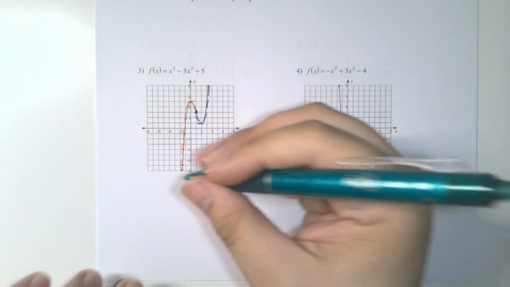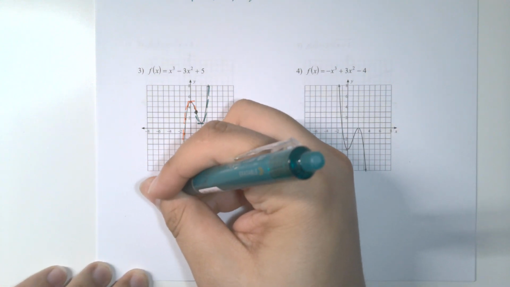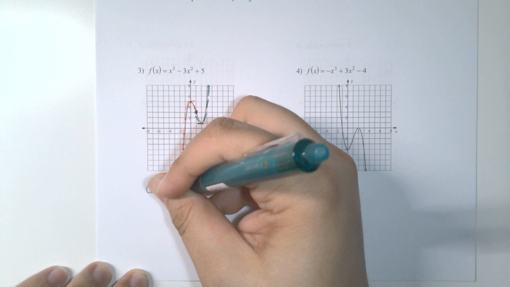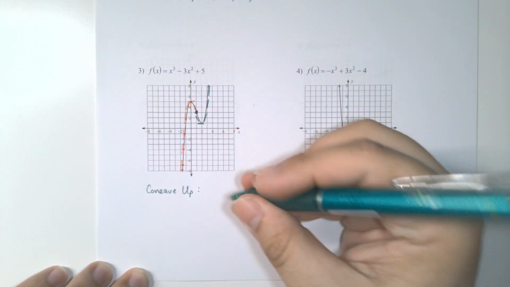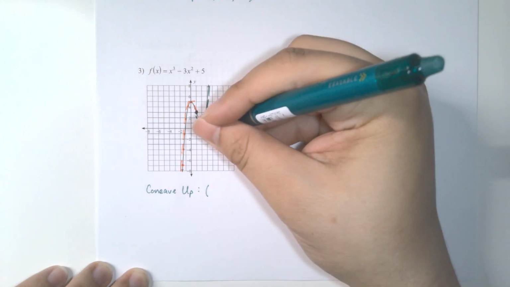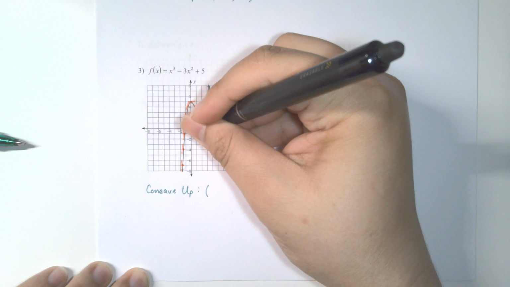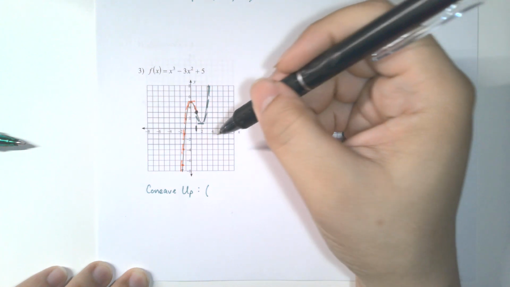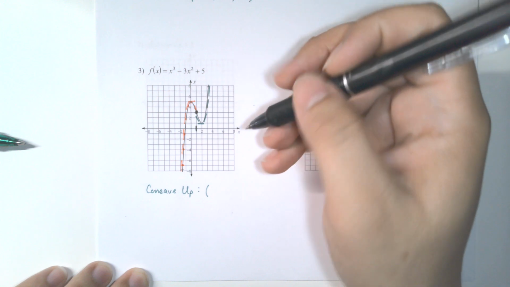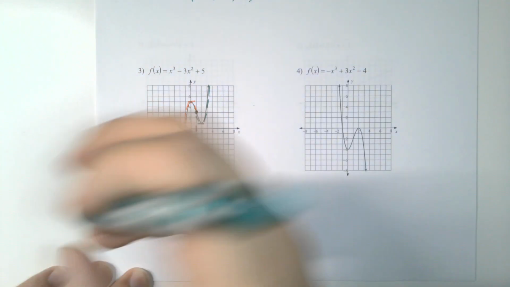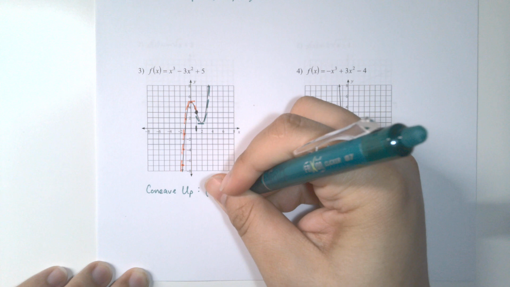And so I could say that this is concave up on the interval from whatever the x coordinate is here. So our transition point, the x coordinate of our transition from concave down to concave up is -1, so it's -1 to positive infinity.